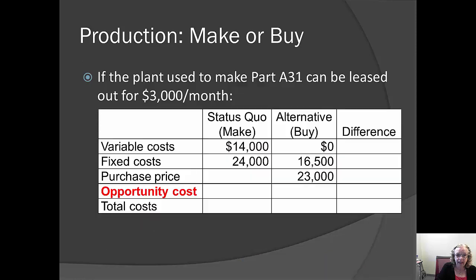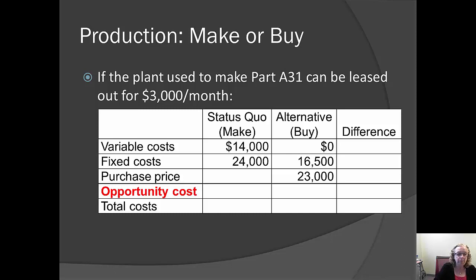Now, what if that space that had formerly been used to make this component could be leased out to a tenant for $3,000 a month? How would that affect our analysis? Well, it wouldn't make any difference to the fixed and variable costs of making the part, but it represents an opportunity cost.